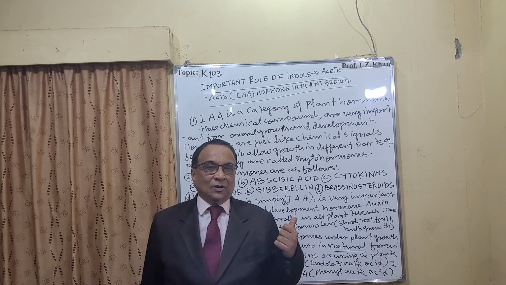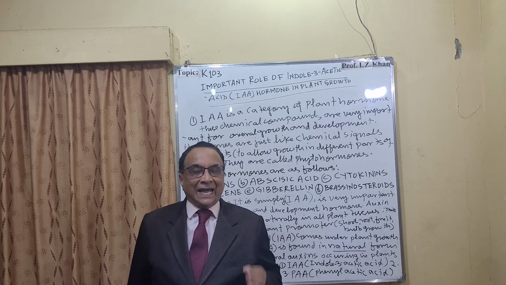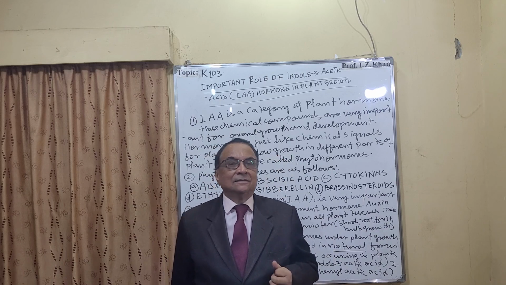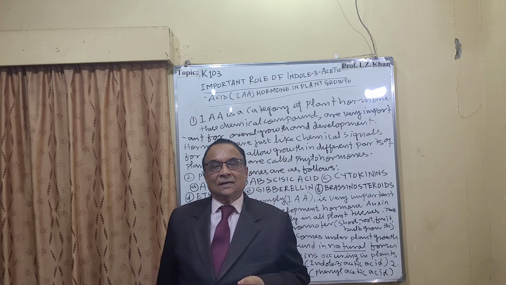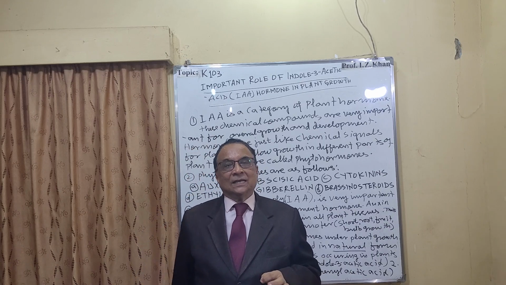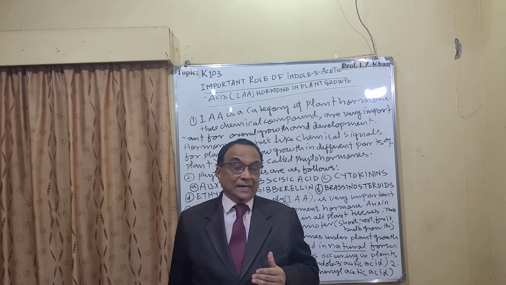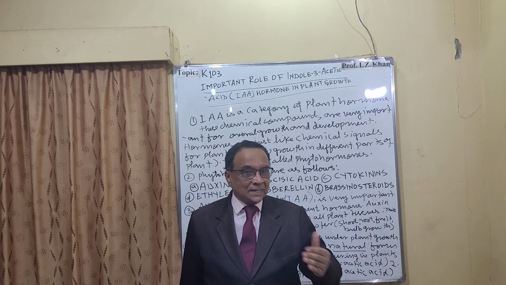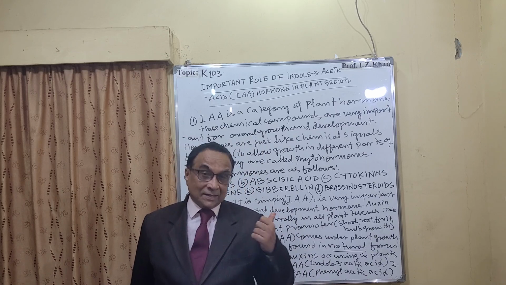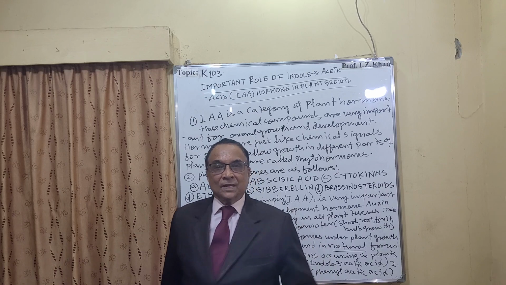Here I have given the natural form, and in natural form there are 3 types. One is IAA, indole 3 acetic acid. Second one is indole propanoic acid, and third one is phenyl acetic acid. So these 3 are natural, present in the plant, and when there is a deficiency in the plant you have to give from outside.